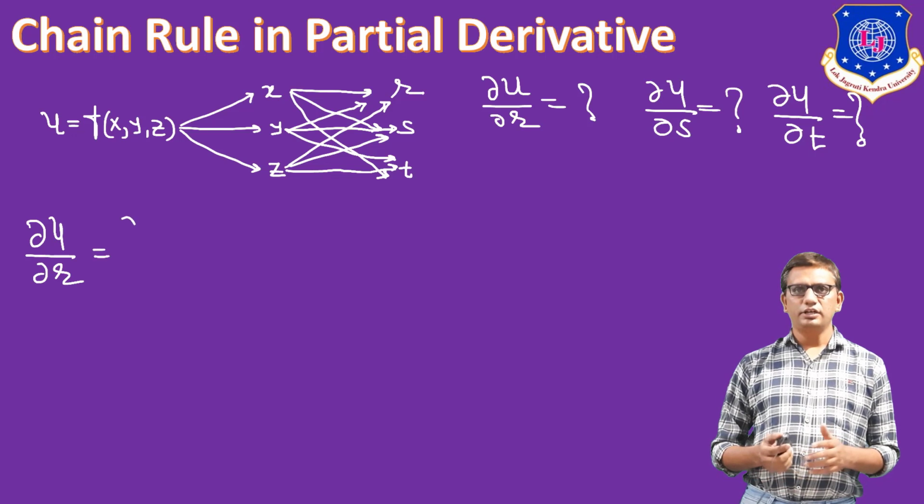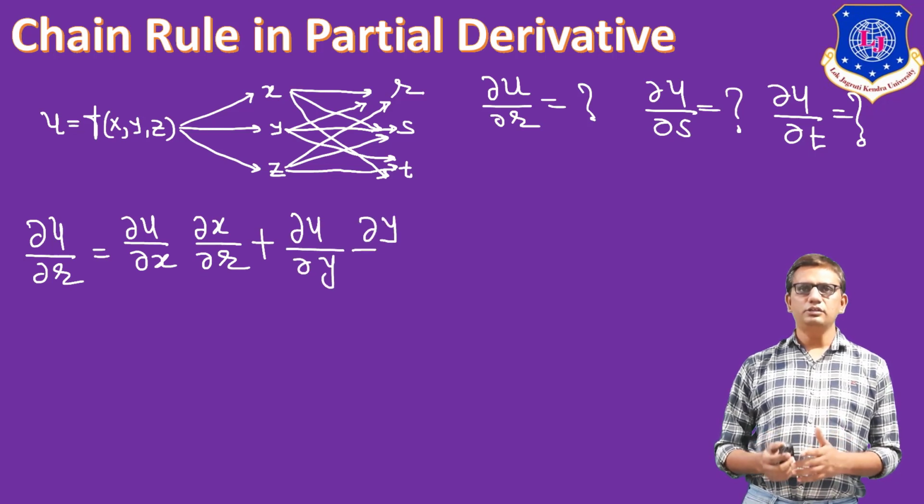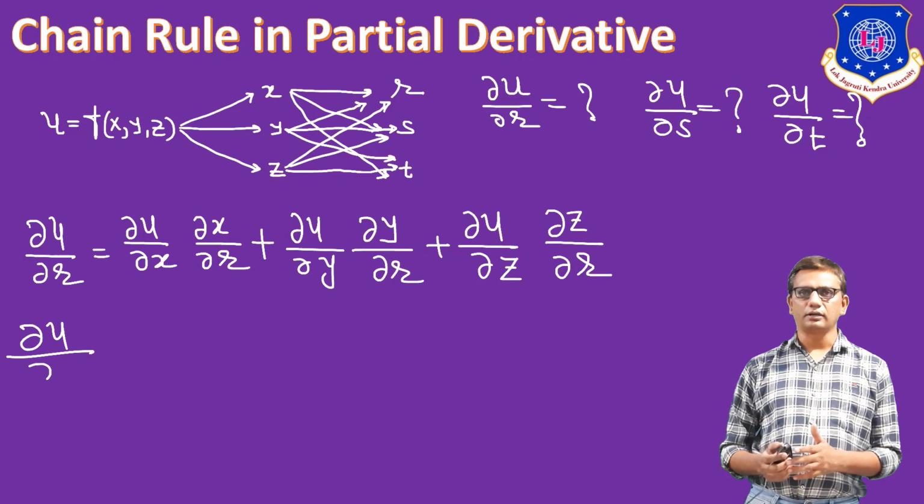So here del u by del r is equal to del u by del x into del x by del r, plus del u by del y into del y by del r, plus del u by del z into del z by del r. So that is the partial derivative del u by del r.